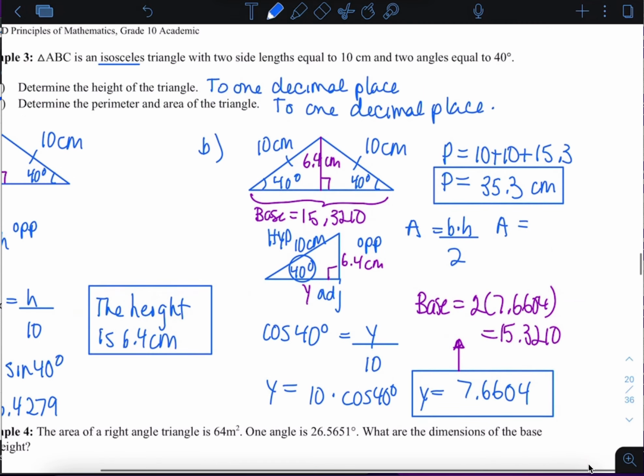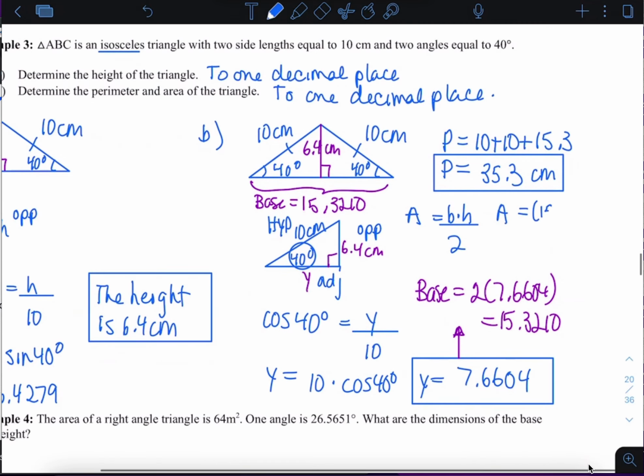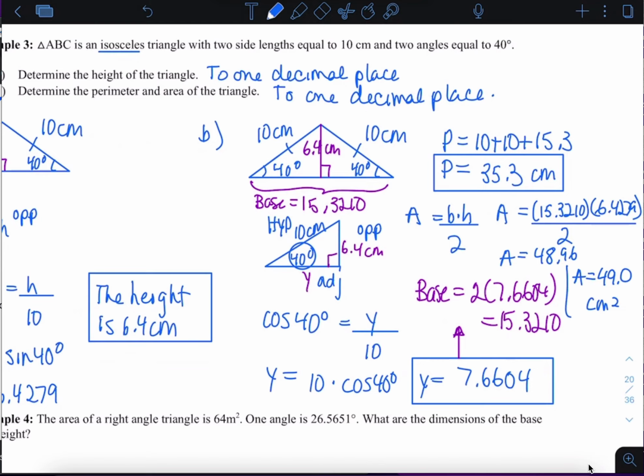So we've got 15.3210 times 6.4279 divided by 2. And when I round that, well, it's 48.96. So when I round that to 1 decimal place, it's actually 49.0 centimeters squared. All right.